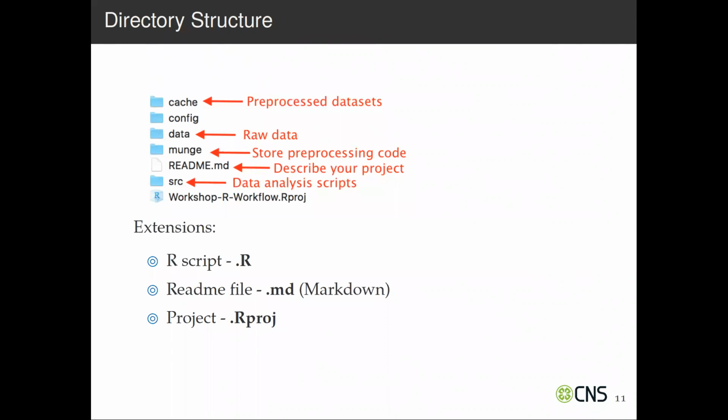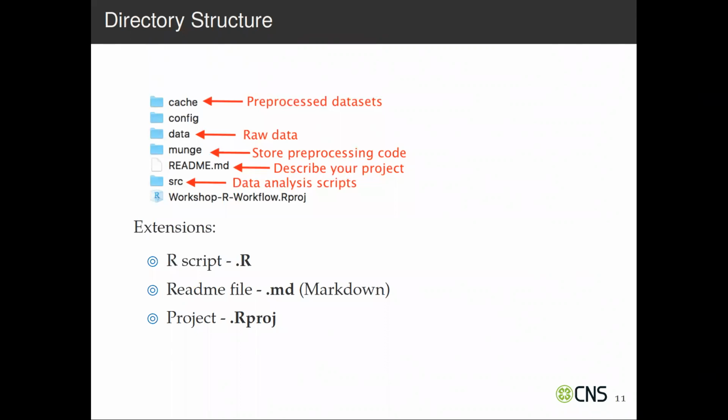First of all, if you have raw data, always try to keep raw data separate from anything else. And so for that, you already have a pre-designed data folder. Now, when you process your data, obviously using some scripts, you would use all the code scripts in the munge folder.